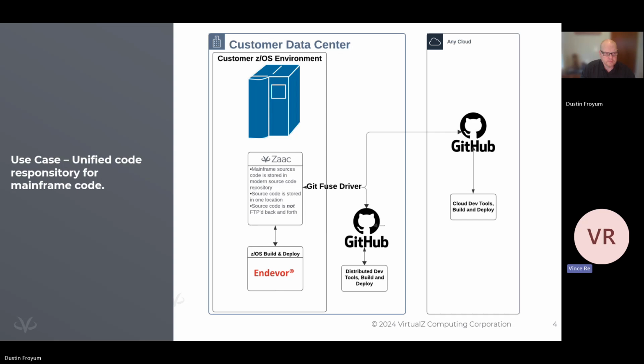So what you see, instead of the normal Git check in and check out and all of the processes that go around it, is you just see things like, here's a PDF that has my source code in it. The reason that's important is, certainly a lot of mainframe customers would love to standardize on things like GitHub for a lot of reasons.